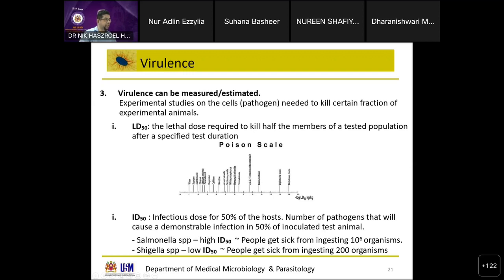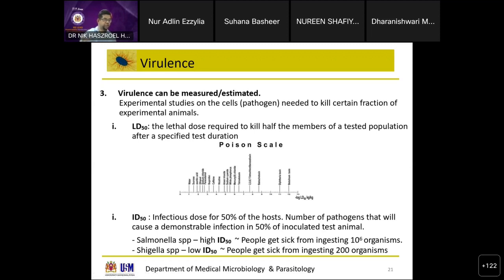So when we say Salmonella infection, Salmonella species has a high ID50, meaning if they ingest a small number of organisms, the host's immune system is still able to resist. But if they ingest too much, a million organisms, then the host becomes sick. They don't get sick because of a small amount of organism they ingest.